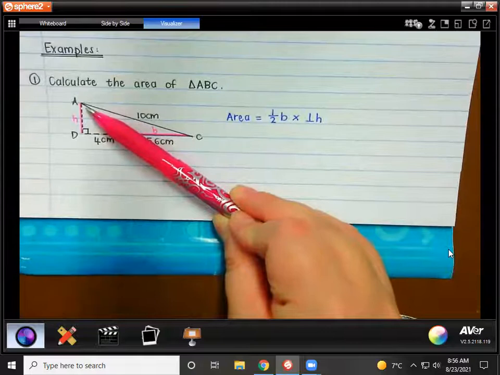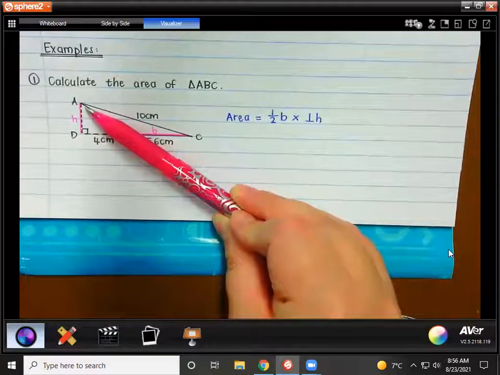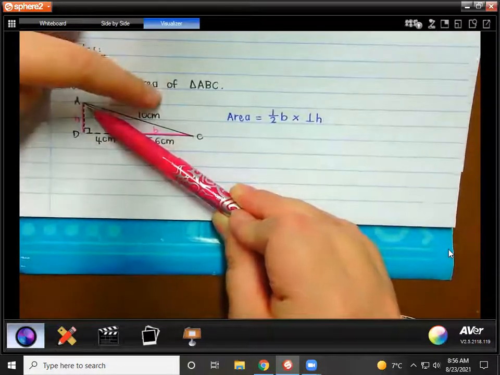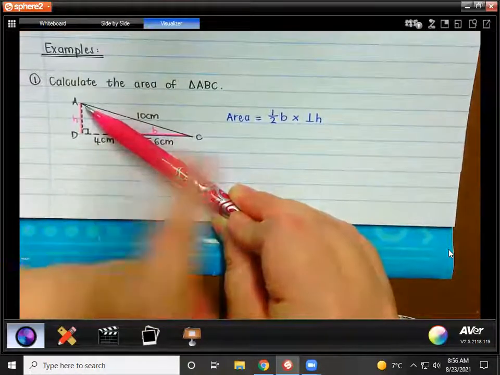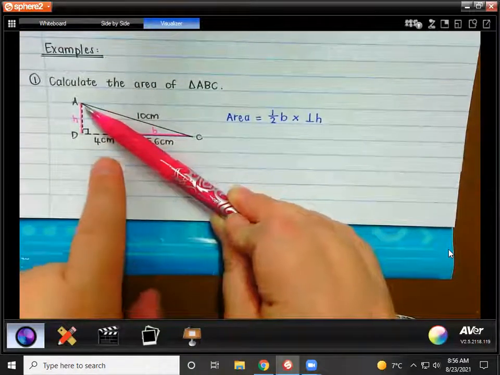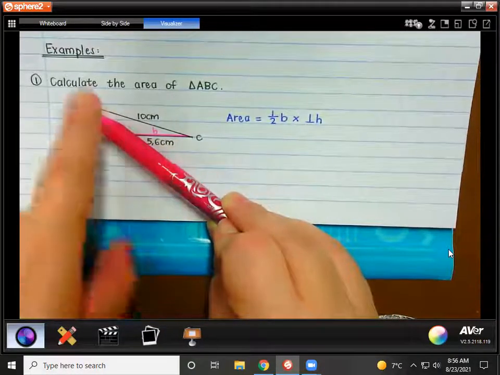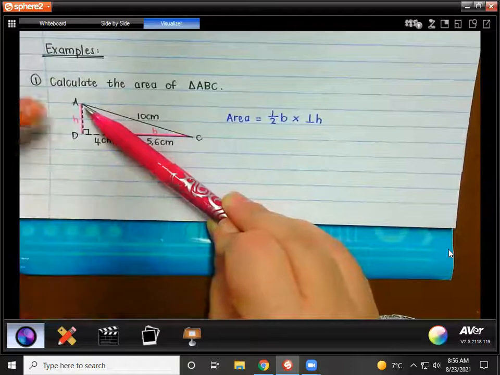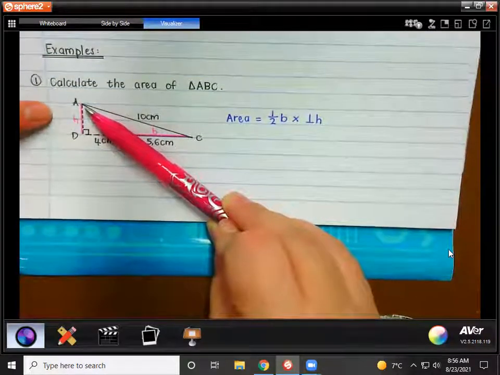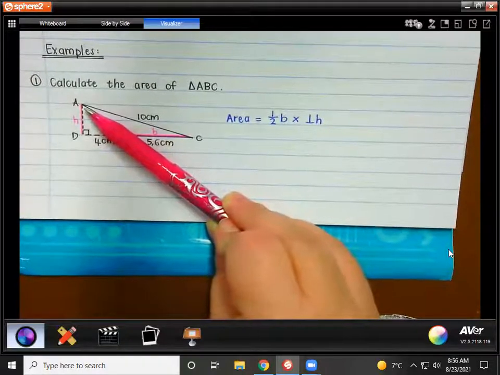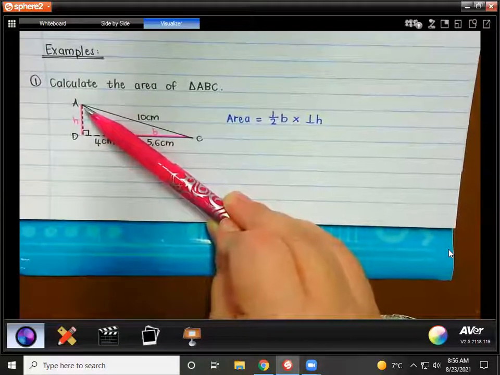Do you see that right angle triangle? Do we have the other two sides of that big triangle? I have the hypotenuse and I have this bottom side, right? It's 4 and 5,6 added together, so 9,6. So that means that I can actually use Pythagoras to find the perpendicular height. Okay. Then once I have that, I'm going to use it to find the area.